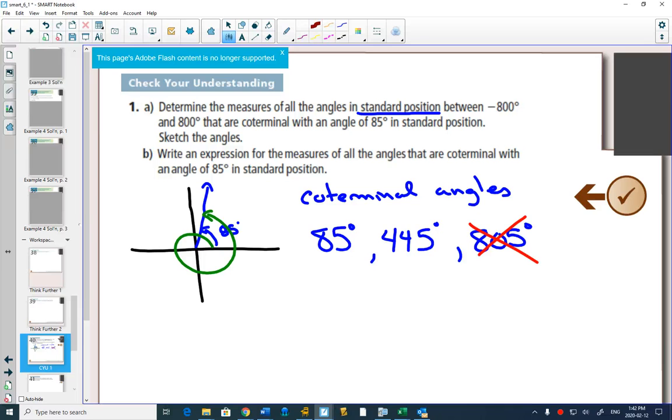So in the same way that you can keep adding 360 degrees, can you see that if I wanted to figure out this first negative one, I could subtract 360 degrees? So 85 minus 360 would be negative 275 degrees.